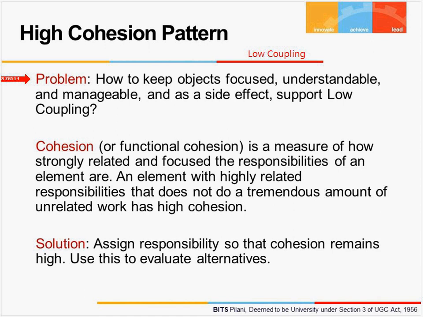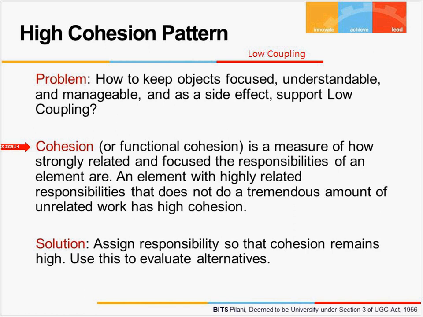The problem is how to keep objects focused, understandable, and manageable, and as a side effect, support low coupling. Right? So in fact, if you see here, low coupling is a side effect of high cohesion. If you increase the cohesion of the system, automatically the coupling becomes low. Let's understand what is cohesion.